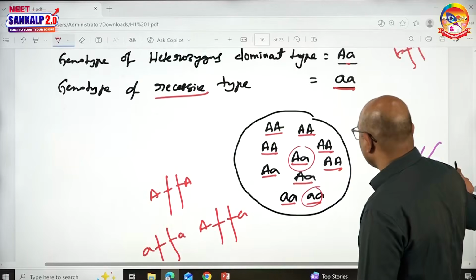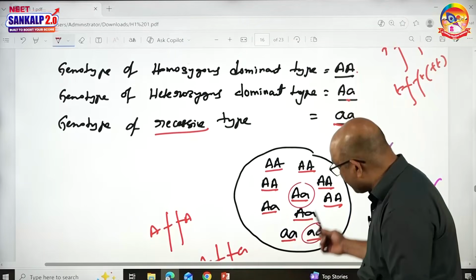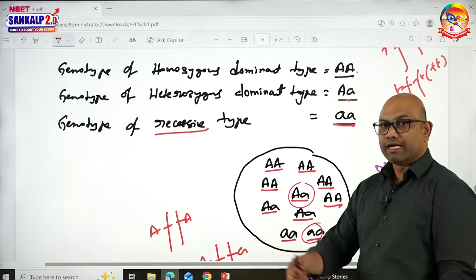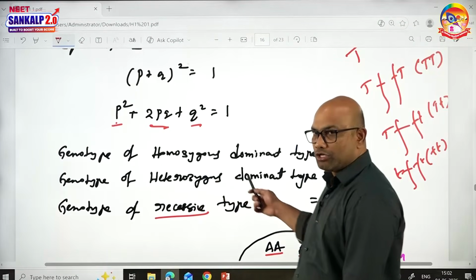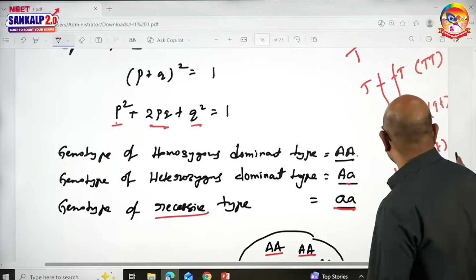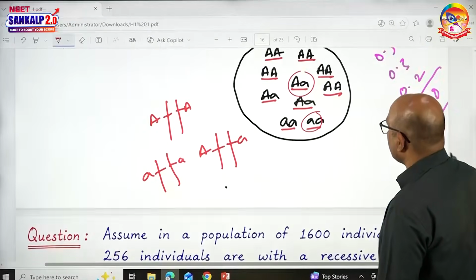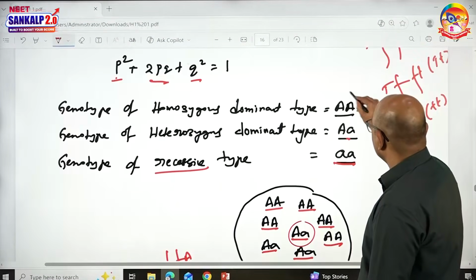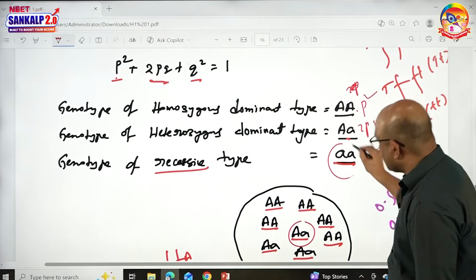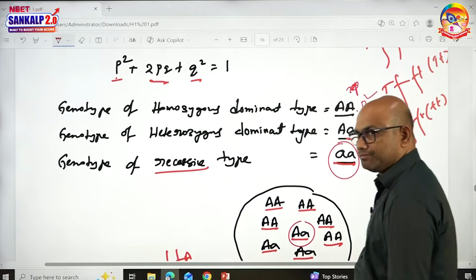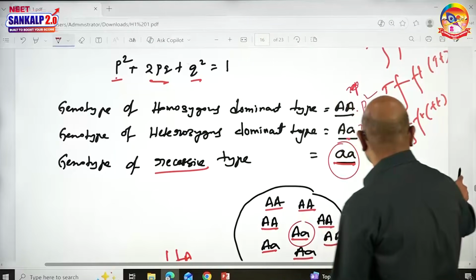The frequency of homozygous dominant genotypes is denoted by p squared, the frequency of heterozygous dominant genotypes by 2pq, and the frequency of recessive genotypes by q squared. So this is the mathematical derivation for allelic and genotypic frequencies.